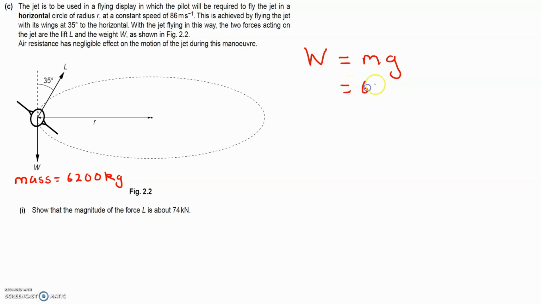So we can work out the weight of the jet, which is mass times the gravitational field strength, which is 6,200 times 9.81. Now to find out what L actually is, we need to resolve vertically.